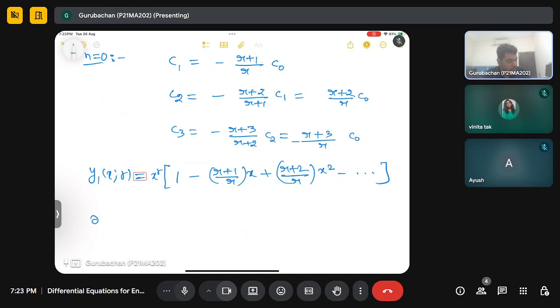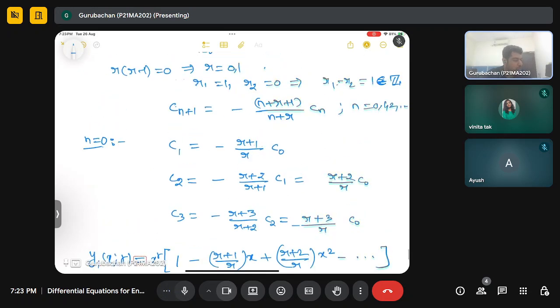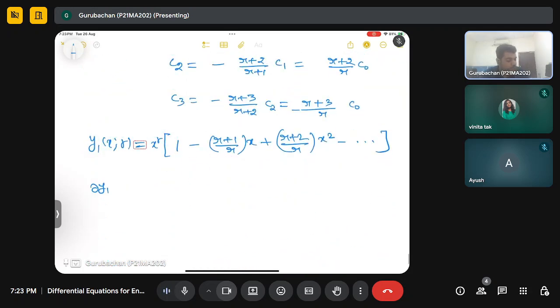Now again we will find one solution by putting r1 directly as 1, and another solution by differentiating this with respect to r, and putting r2 equal to 0. You will get the other solution. So first of all, let me partially differentiate with respect to r.